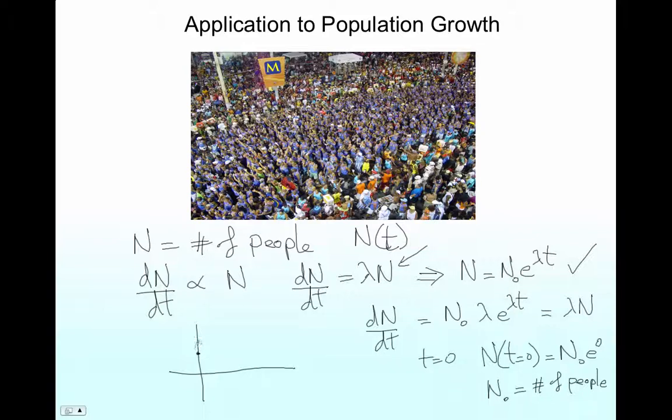So let's make a little plot. Here is n, here is n naught, and this number n is increasing very, very rapidly, and it will go to infinity as t goes to infinity. Now, of course, in a finite population, you can not have infinity, but you can have very, very large numbers, and so population growth can be a very serious problem.